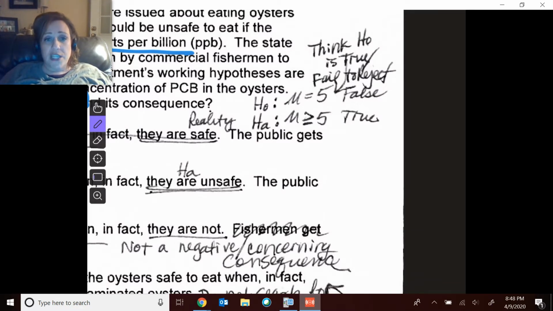So with our H0 stated, what happens is the alternative is the one that is true. So that's, in this case, saying the oysters are unsafe, okay?